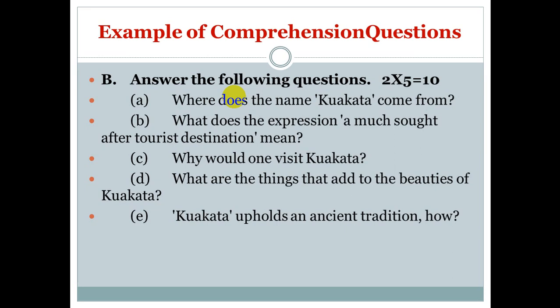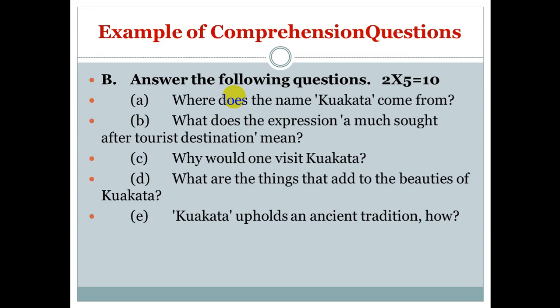And you must keep in mind, since it is a 2 marks question, you need not copy the answer from the text. You just paraphrase, or you utilize your own knowledge to answer the question. But remember, you need not broaden your answer.